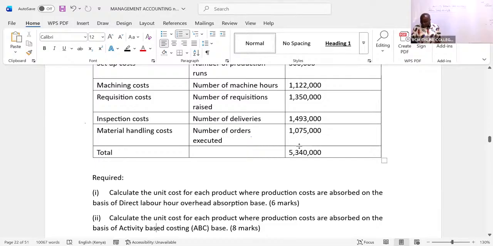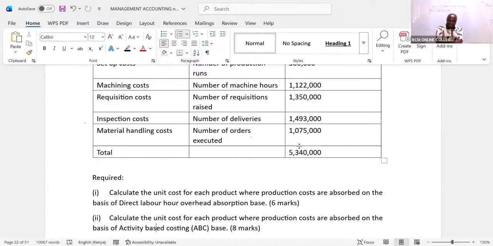They want me to calculate the unit cost for each product where production costs are absorbed on the basis of the direct labor hour overhead absorption rate base. Before I go to number 2, when you read number 1, which method are they talking about here?